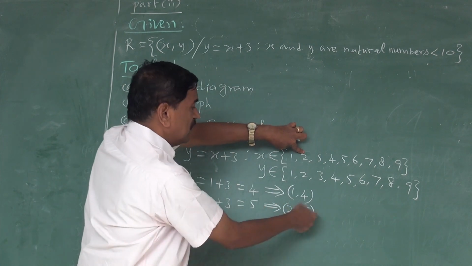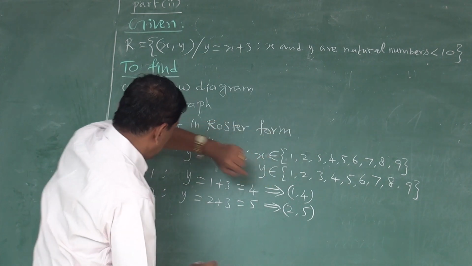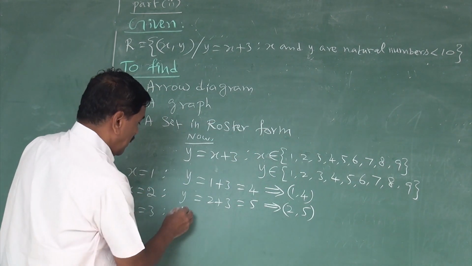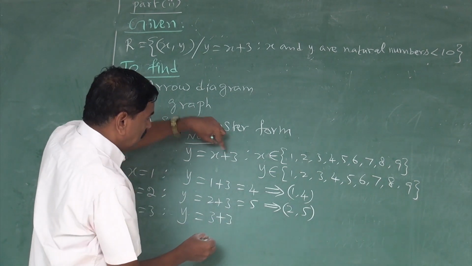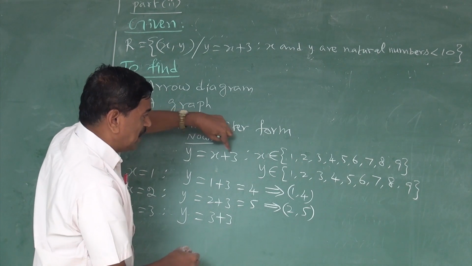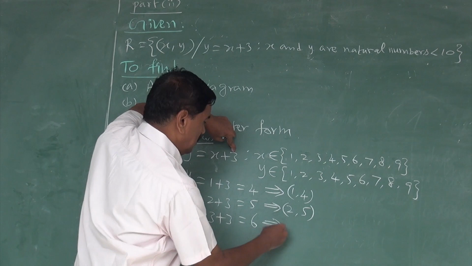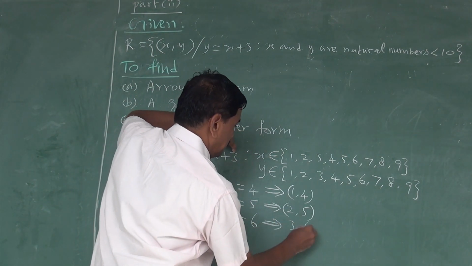Next, when x is equal to 3, y is equal to 3 plus 3, which is equal to 6, which implies 3 comma 6.